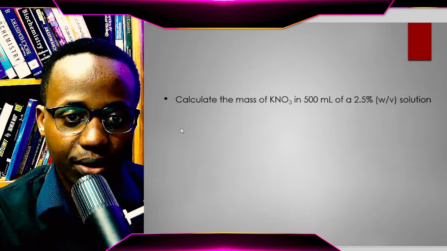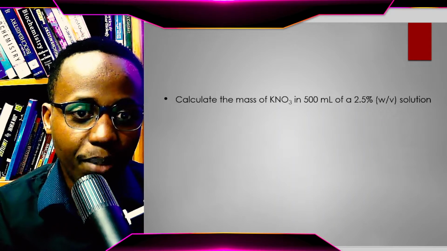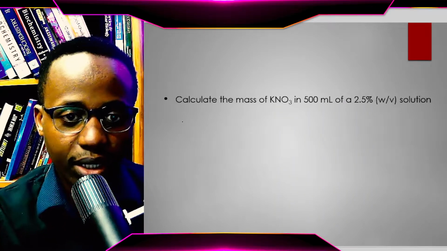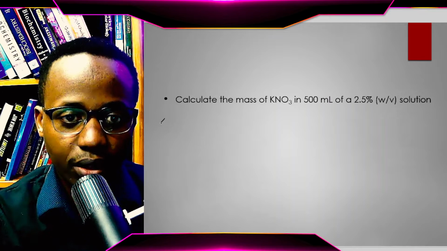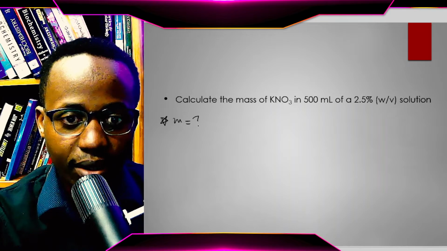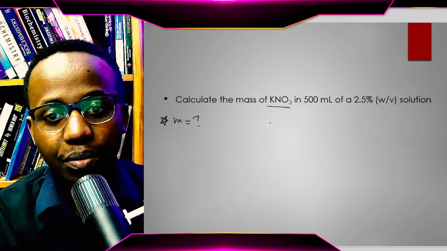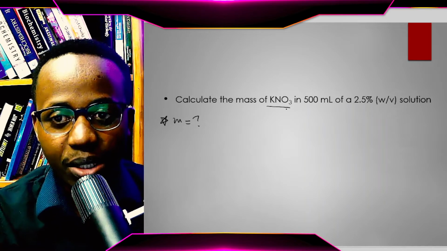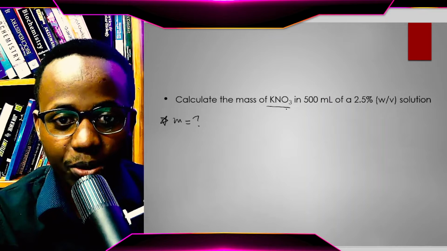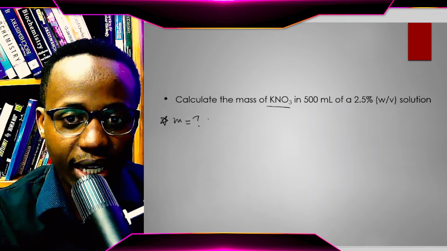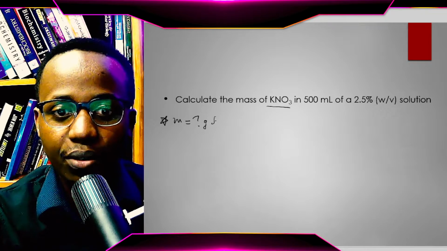Calculate the mass. So, right off the bat, they're telling us what they want us to calculate. So let's just write down, follow the steps. The mass, they're asking us the mass of KNO3 in 500 milliliters of 2.5 weight per volume solution. So you know that KNO3 is your solute. So what they're asking is the grams of solute.